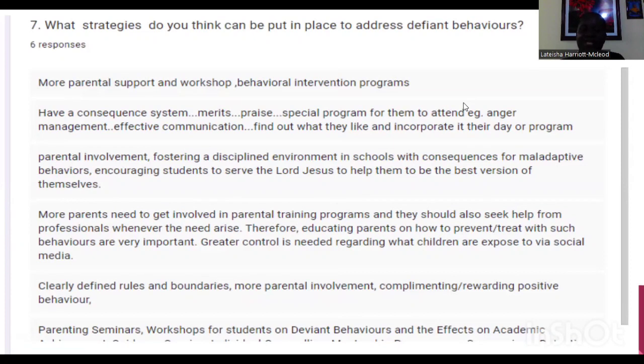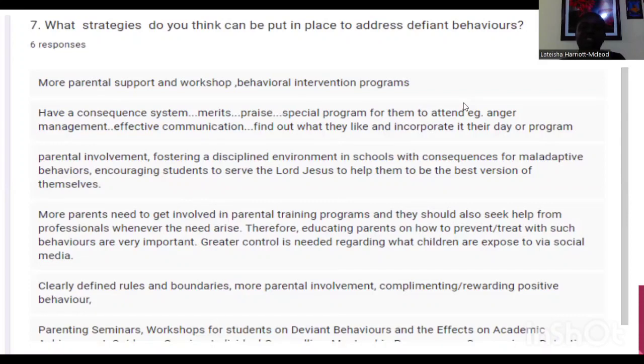Examples: anger management, effective communication, find out what they like and incorporate it in their lessons. Parental involvement, fostering a disciplined environment in schools with consequences for maladaptive behavior.